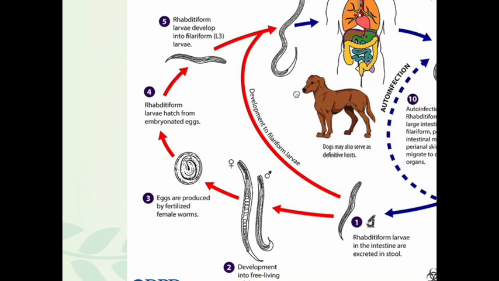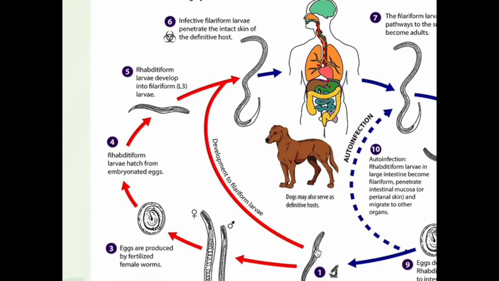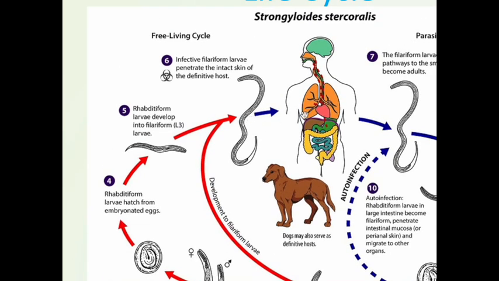However, the newly released rhabditiform can also decide, ay parang ayoko maging adult. Parang di ko trip yun. Sige, I'll become a filariform na lang ulit. So when the rhabditiform becomes a filariform, it will become a parasitic nematode and repeat all of the steps that we discussed earlier.